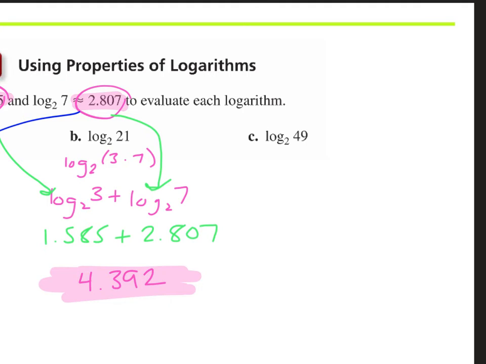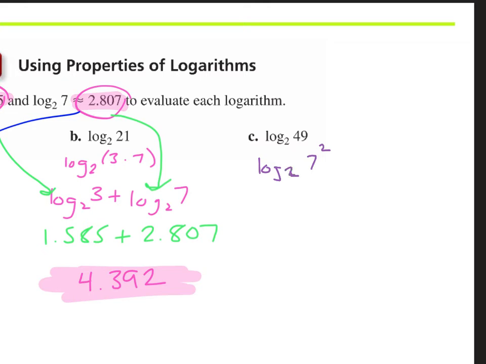And the last one. How can we get 49 in terms of 7 and 3? So we could have log base 2 of 7 squared, or we could say 7 times 7.